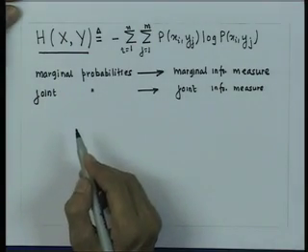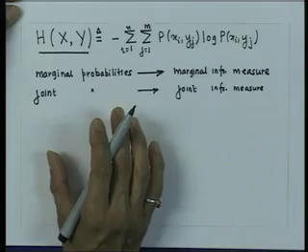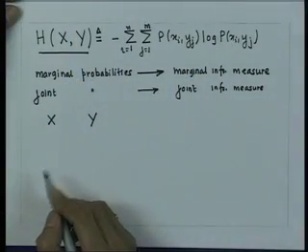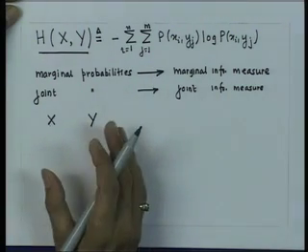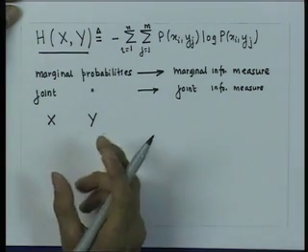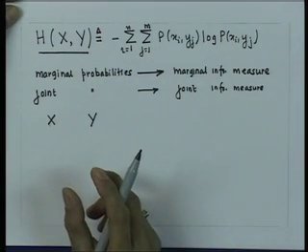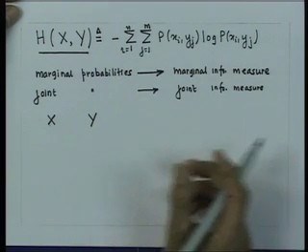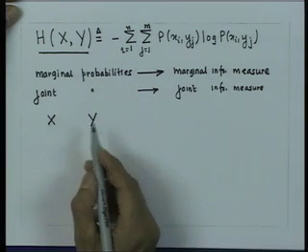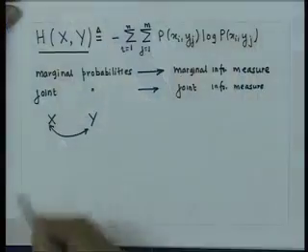So, the question that arises is that suppose I have two different experiments x and y, and possibly the outcomes of these two different experiments are related in some manner. Is it possible for me to define something known as conditional information measures? Because I can always associate conditional probabilities with those two experiments x and y.